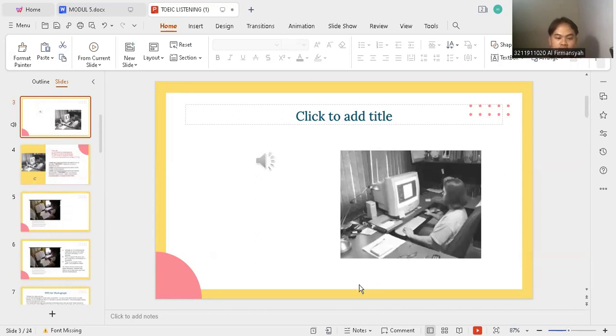When we use the first tip, looking at the picture to predict what we will hear from the talker, we can see the picture has a woman, a monitor, a keyboard, a lamp. Then we can start listening. What will the speaker or the talker say about the picture?